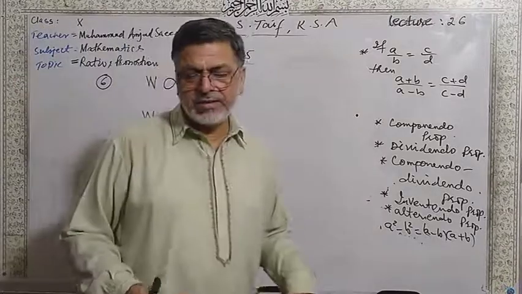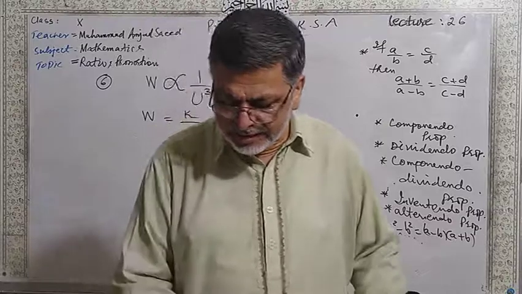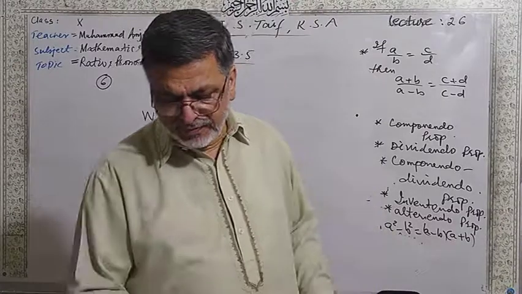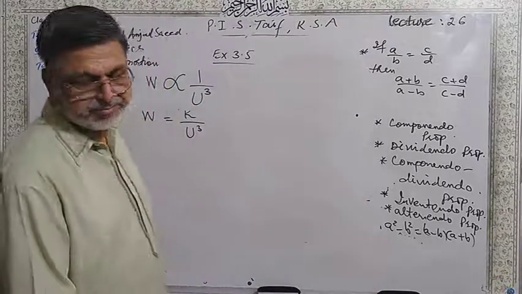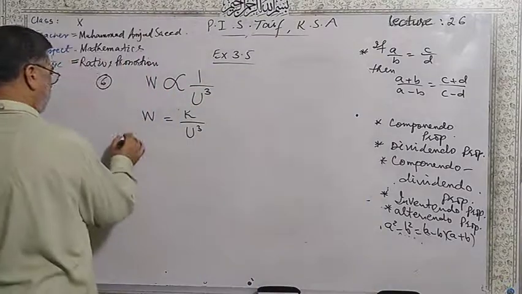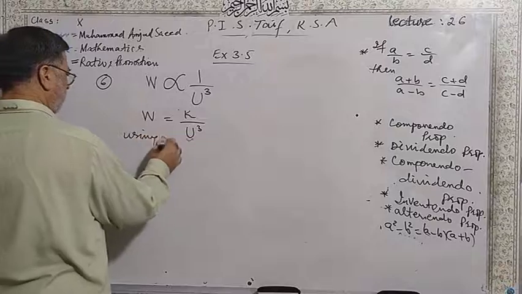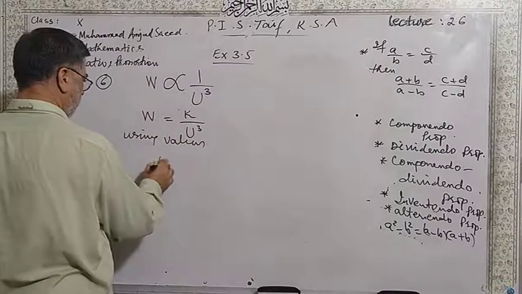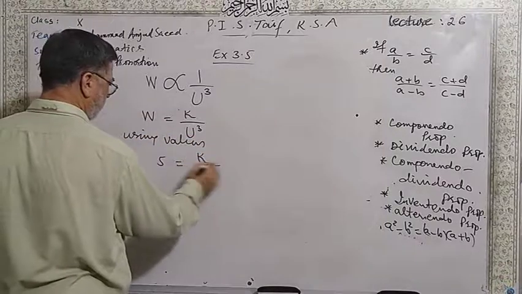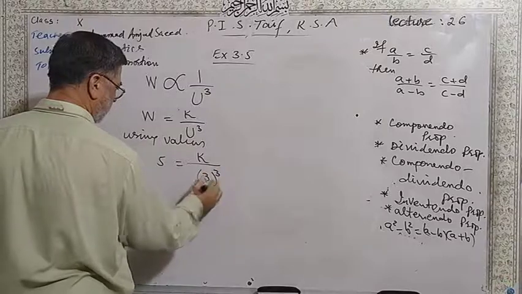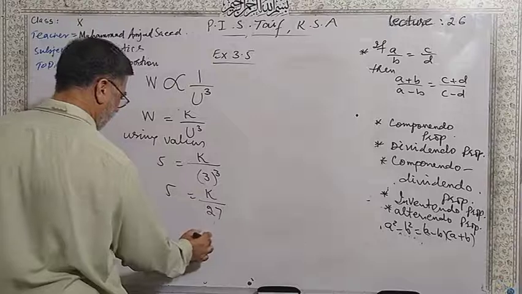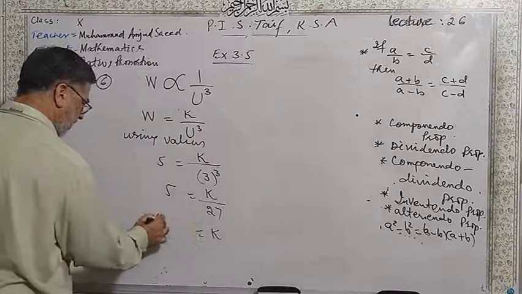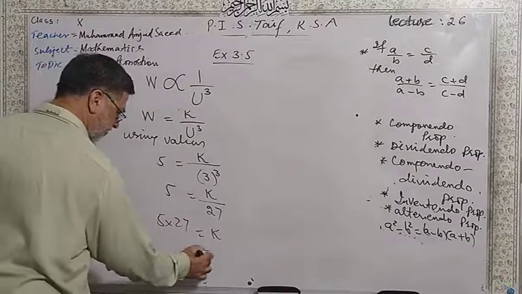Remember that for finding the constant, we have the set of values. W is 5, U is 3. Using these values, K over 27 is equal to 5. K is equal to 5 into 27.